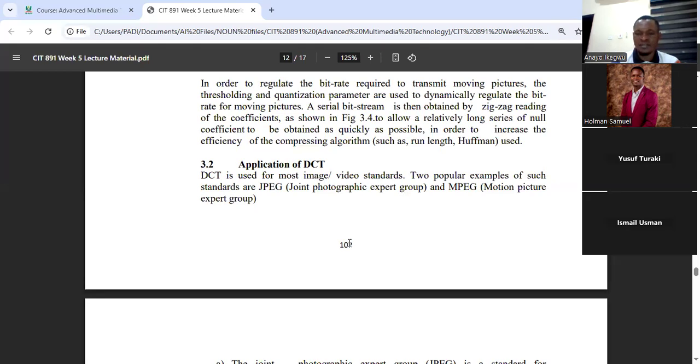If it's Microsoft Word, we say it's .doc, or sometimes .docx. If it is a PowerPoint, we say .ppt, and vice versa. The same way it applies to JPEG.